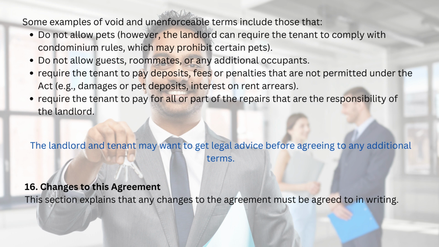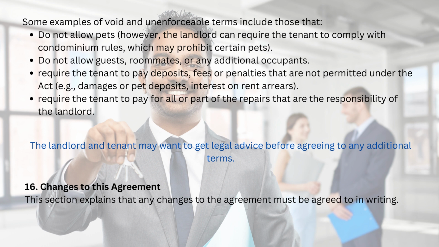Others include terms that do not allow guests, roommates, or any additional occupants; require the tenant to pay deposits, fees, or penalties that are not permitted under the Act, for example damage or pet deposits, or interest on rent arrears; or require the tenant to pay for all or part of the repairs that are the responsibility of the landlord. The landlord and tenant may want to get legal advice before agreeing to any additional terms.